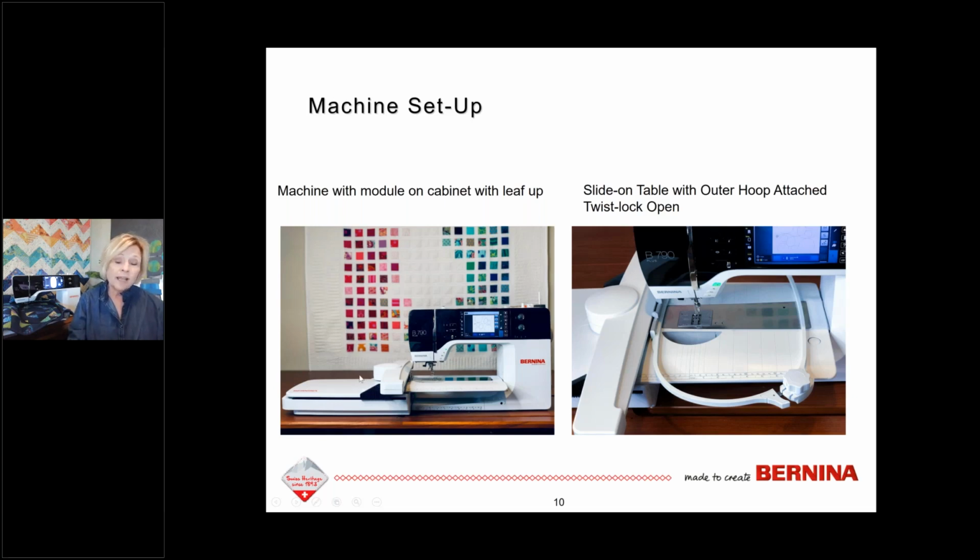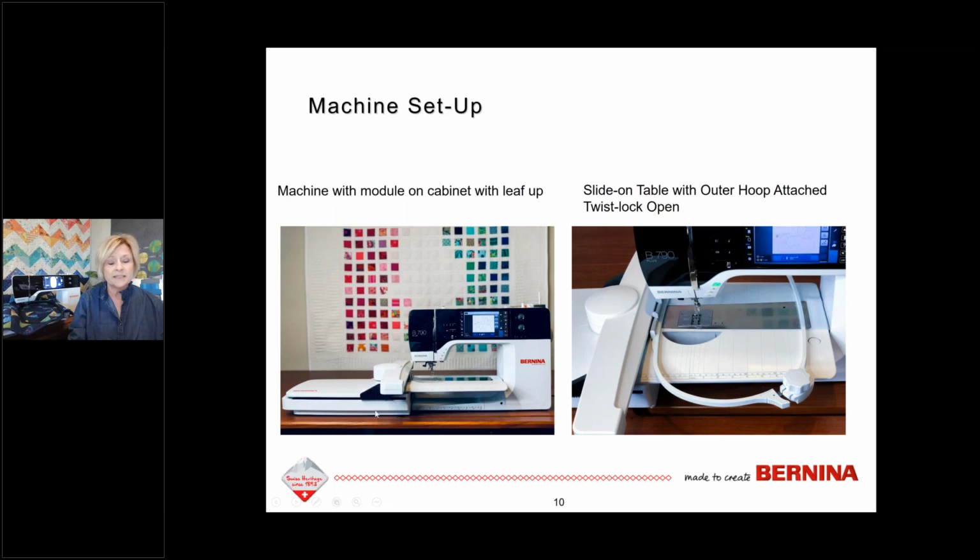If you do not have a cabinet, no worries. You can set your machine on a table, but I do recommend to still put another table behind it. I have heard of some people using an ironing board and lowering it to the height of the table just to extend that space so that it will support your quilt if you're doing a larger quilt.